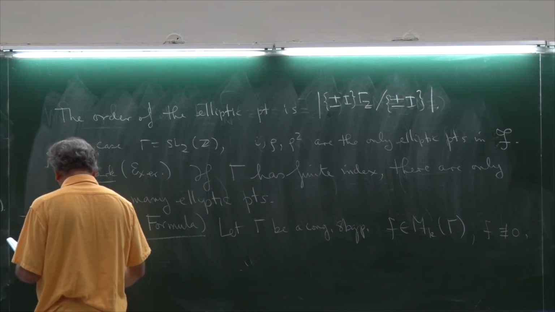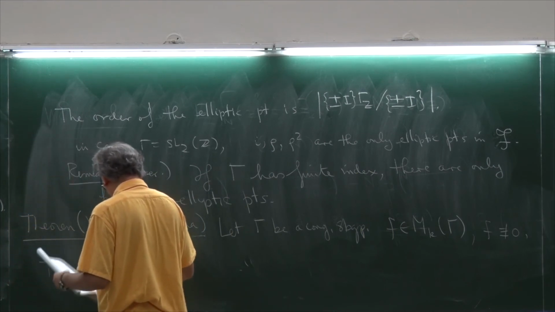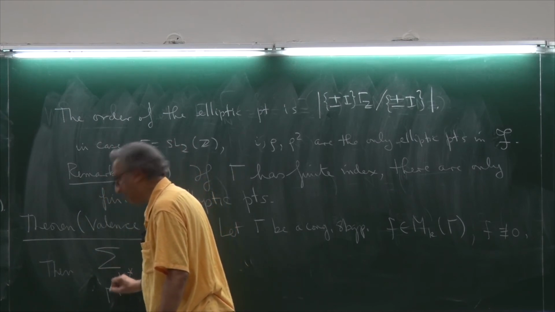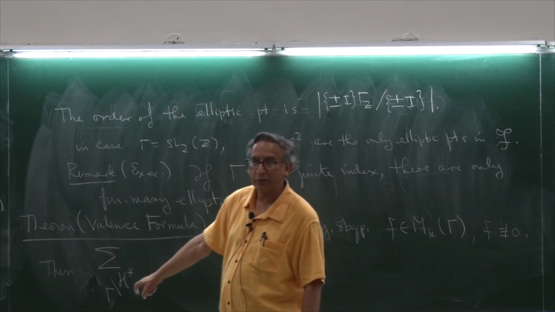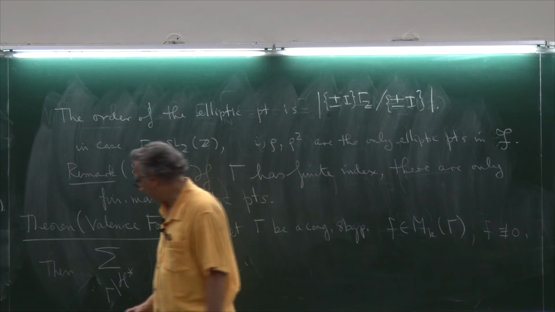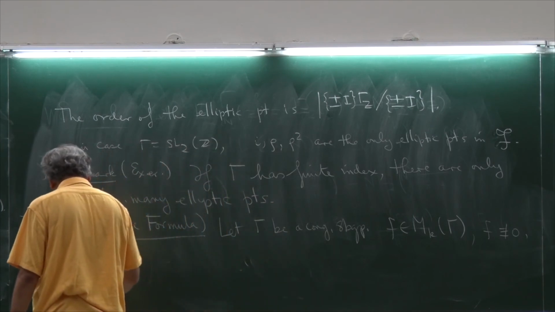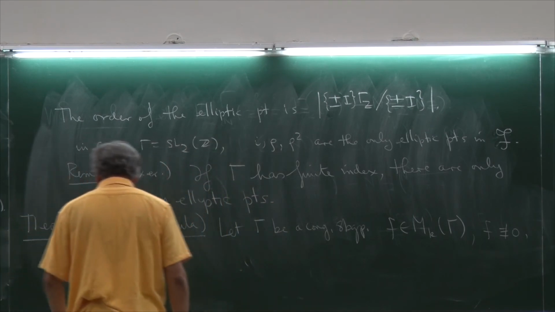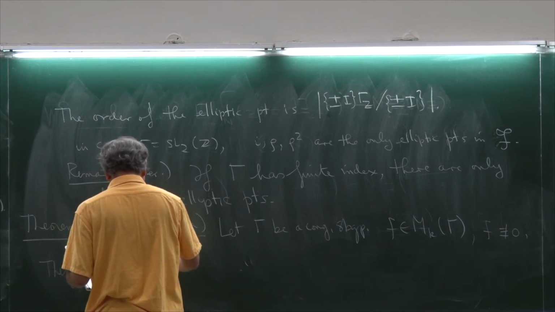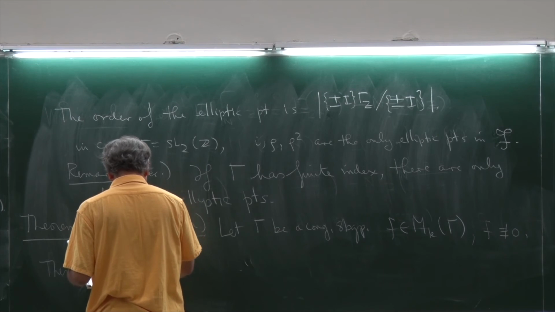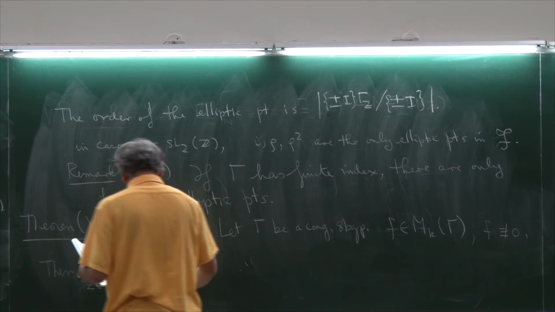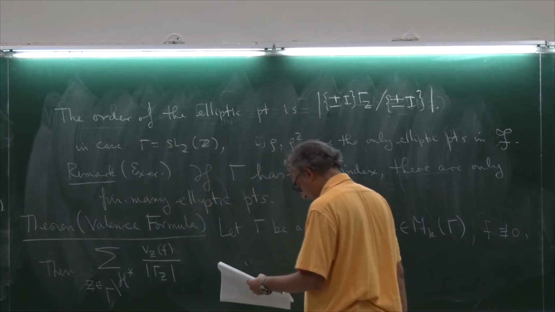summation. So we're looking at the upper half plane, and we're modding out by the action of gamma, and I'm using this notation for the fundamental domain. So we're now going over points in that. v_z of f is the order of the function at that point, and now modulo the order of the stabilizer.